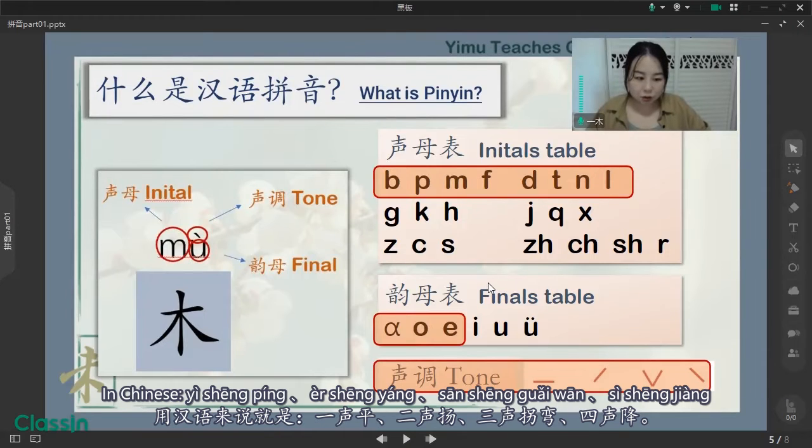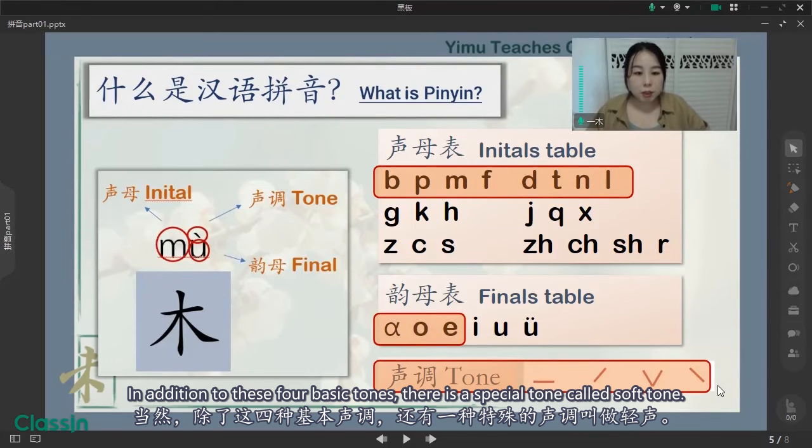In Chinese, 一声平，二声扬，三声拐弯，四声降. In addition to these 4 basic tones, there is a special tone called soft tone.